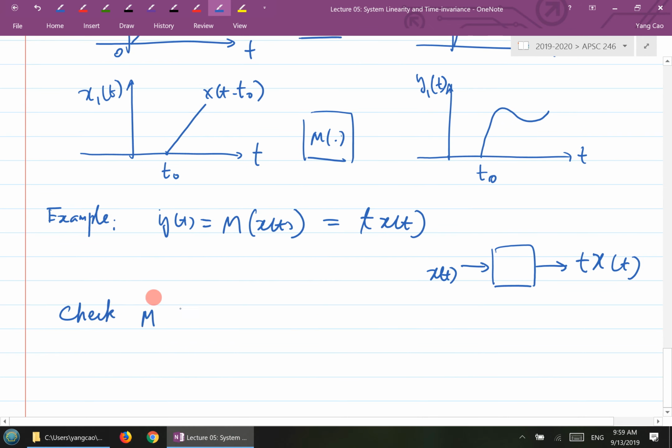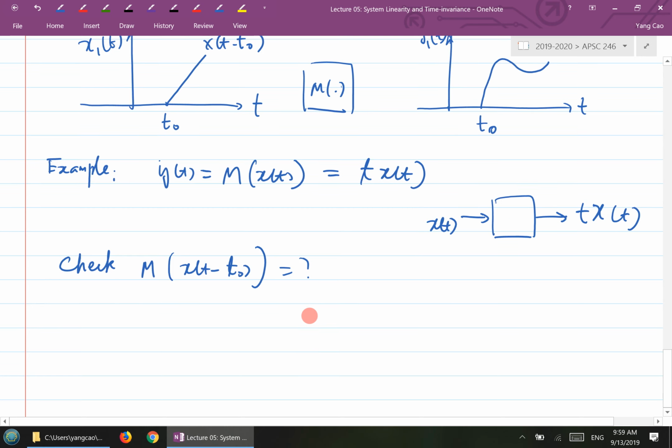First check the left side, S of x of t minus t naught. I find it often helpful if you can temporarily define a function before you insert everything into this big bracket.